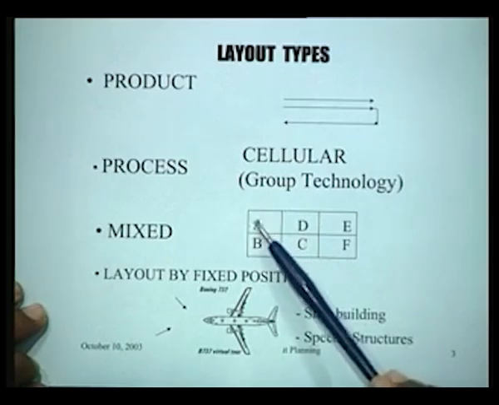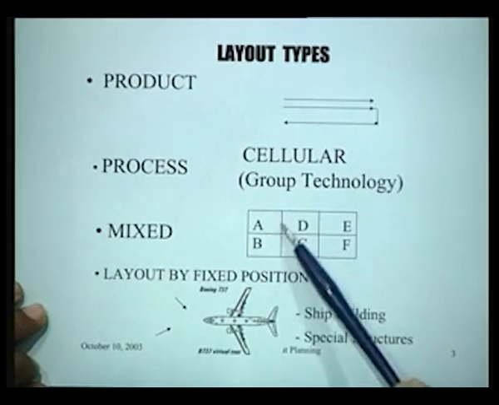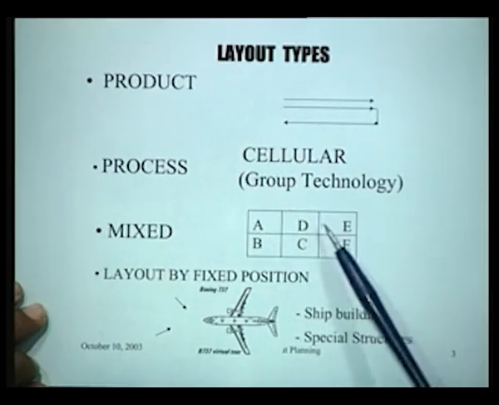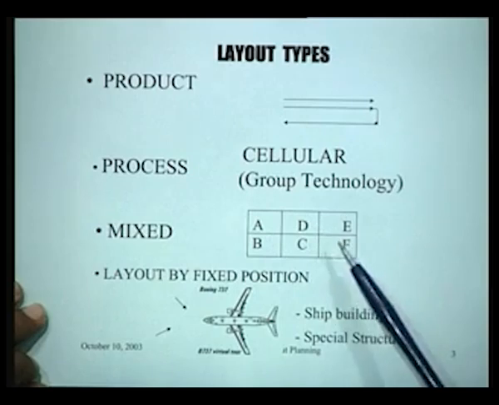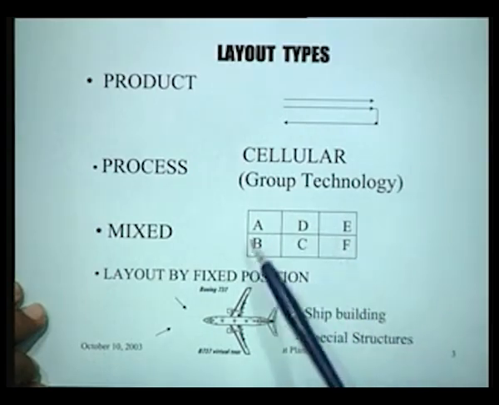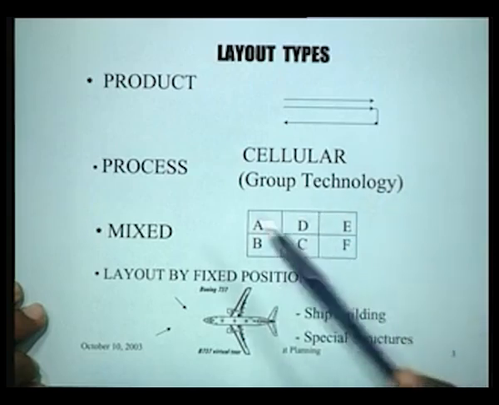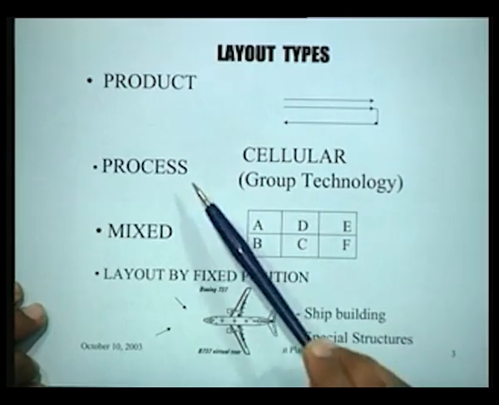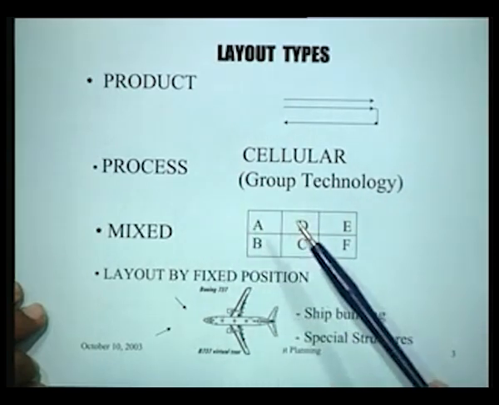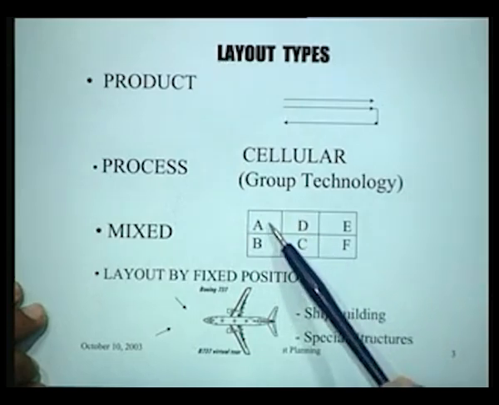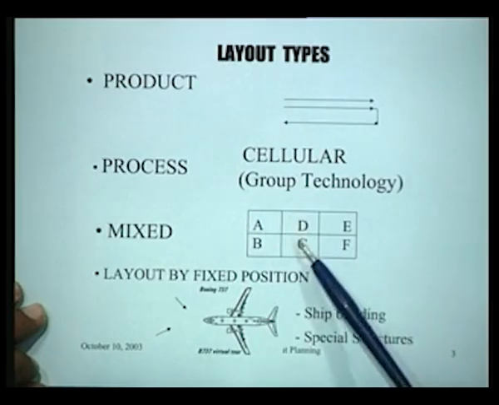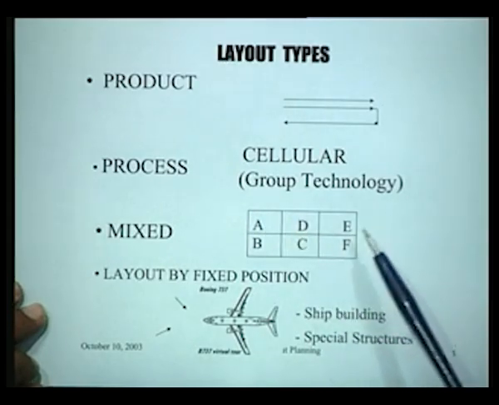So lathes with different features are in the lathe shop. This could be a milling shop, this could be a grinding shop, and so on. So each shop has different types of machines clubbed together. And what happens is that a particular product, depending upon its requirements, will move from one department to another till finally the product is produced.